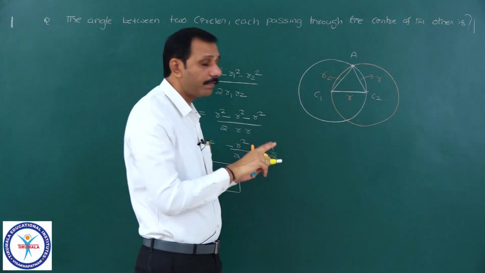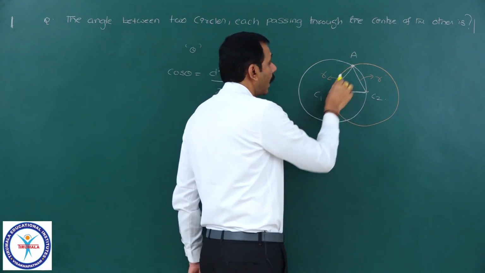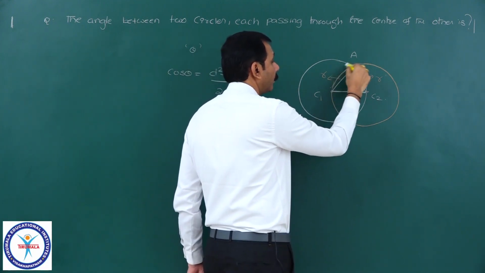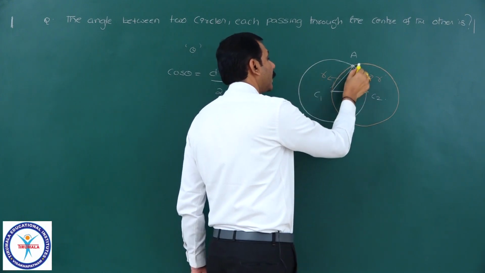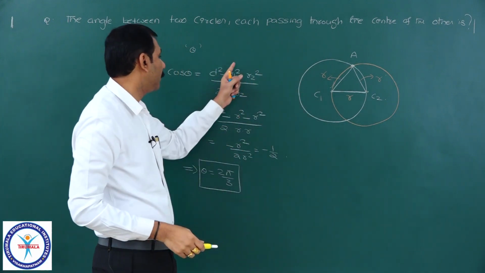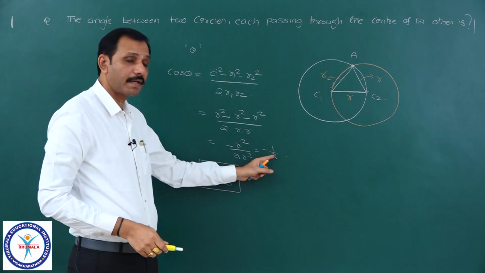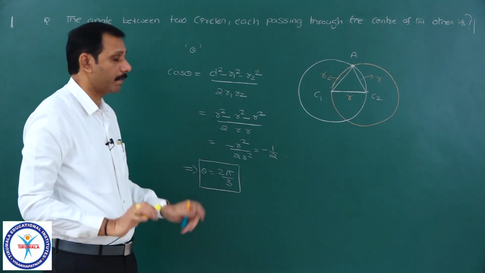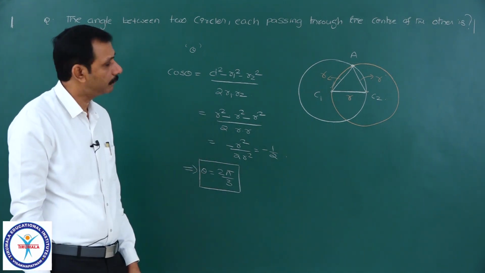Therefore, the radii of these two circles are the same, equal to R. If A is the point of intersection of both circles, then C1A is equal to R and C2A is equal to R. If theta is the angle between them, by the cos theta formula and simplification, it is minus 1 by 2, implying theta equals 2 pi by 3. This is one way, by using this formula.